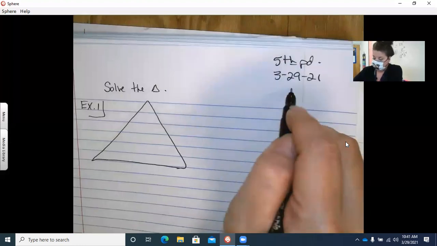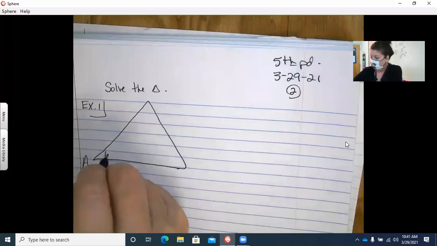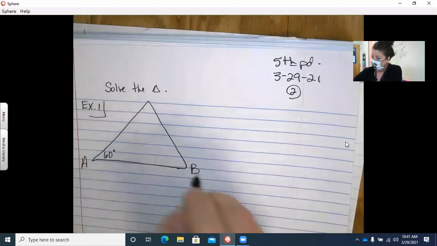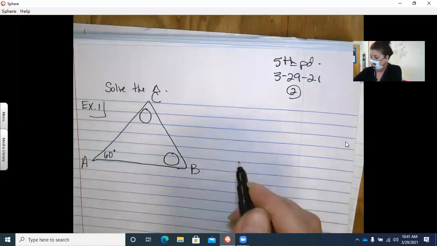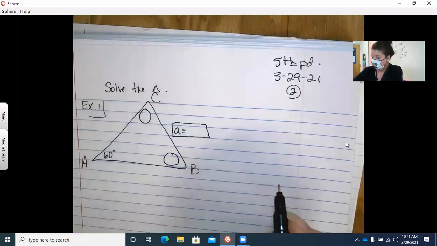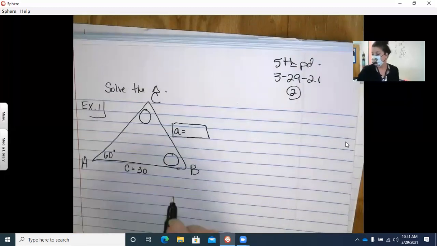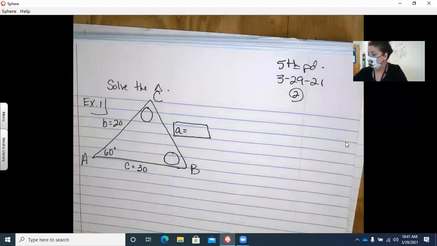I know angle A is 60 degrees. I don't know angle B, I'll put a circle there, I'm going to try and find it. I don't know angle C. I don't know side a. I know side c is equal to 30 and side b is equal to 20. So this is a side angle side.